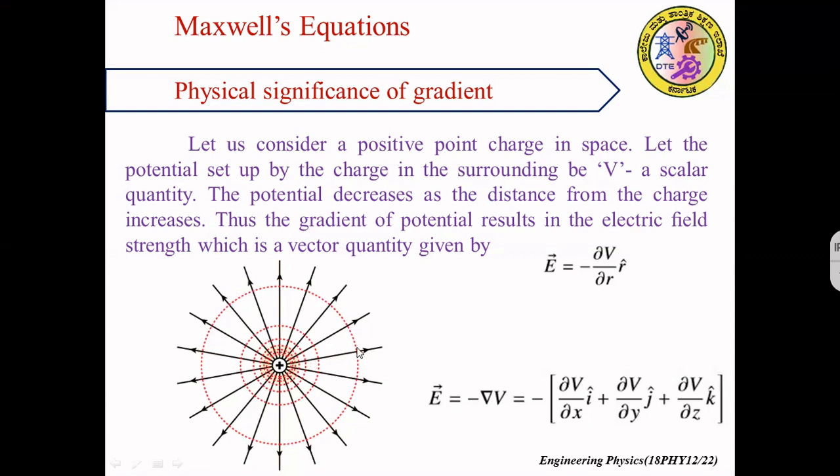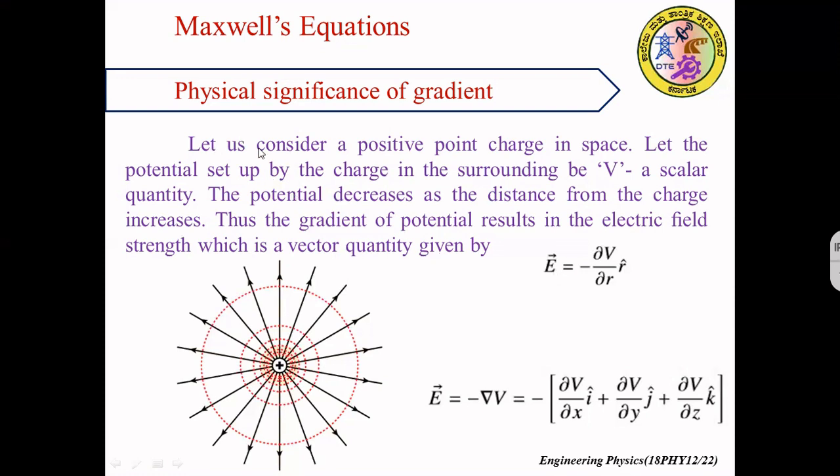And what is the direction of the electric field? Electric field is a vector quantity. What is the direction of the electric field? It is in the direction of maximum change of the potential. So potential changes by maximum value along the radial lines. So this is the direction of the rate of change of potential. Is it clear?